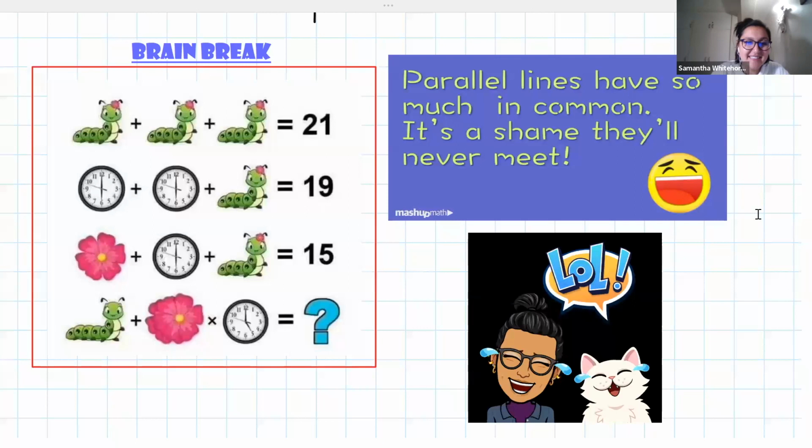Yeah, guys, this one is really hard. So even if you don't get it right, if no one gets it right, take it for homework. But please look at the clock, look at this thingy, this worm, or caterpillar.